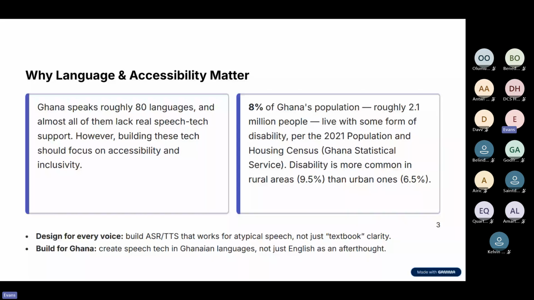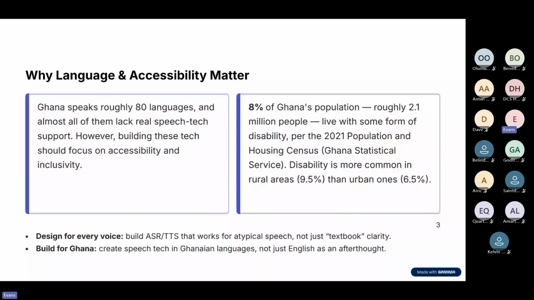Whilst you're doing that, the Ghana Statistical Service also says that about 8% of Ghana's population have some sort of disability. So whilst you try to bridge the gap between technology and people who can't use technologies that are built in English, you also have to consider people who are disabled.